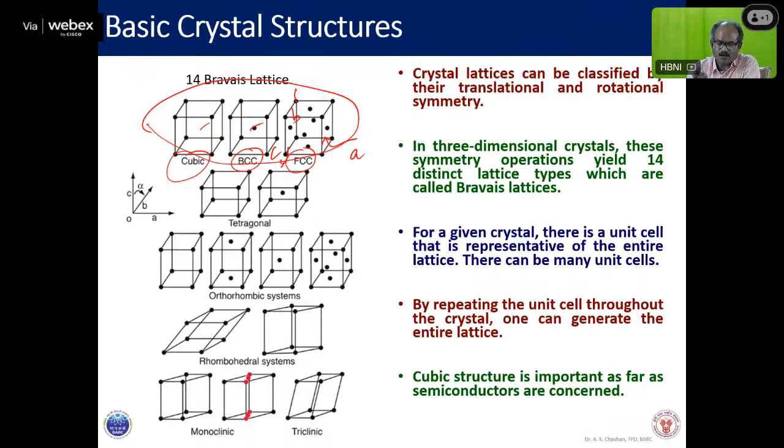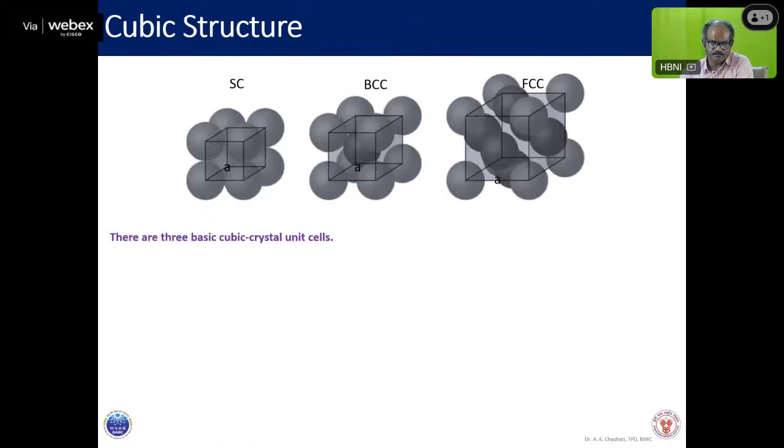Suppose a, then the angle between b and c is called alpha. So for defining any lattice, you have the important parameters a, b, c, and alpha, beta, gamma, which are the angles.